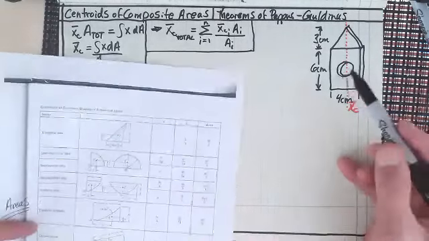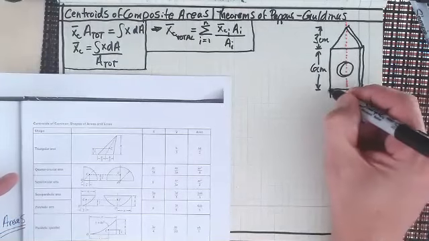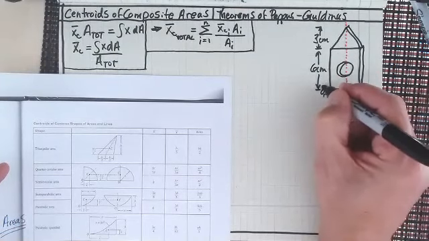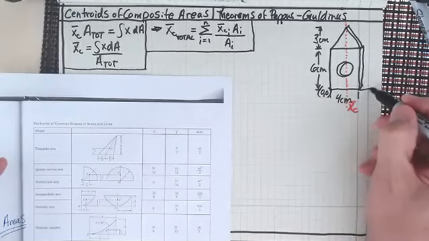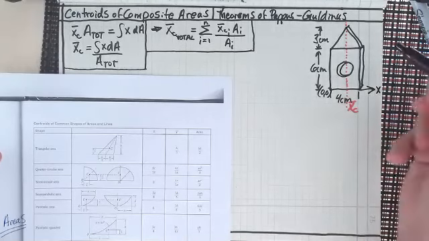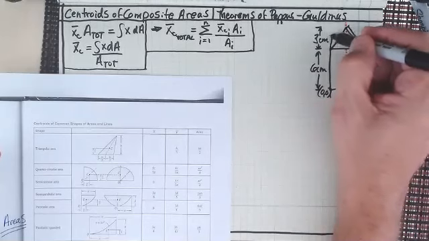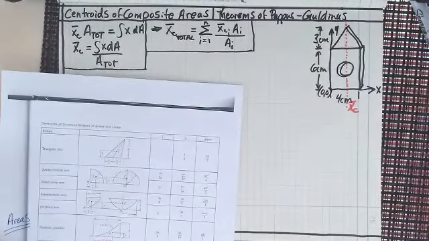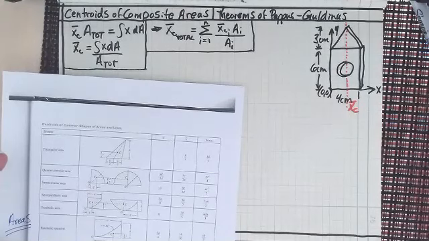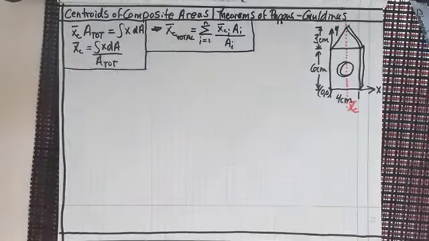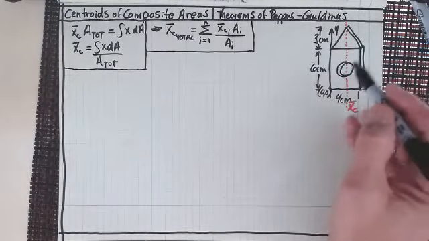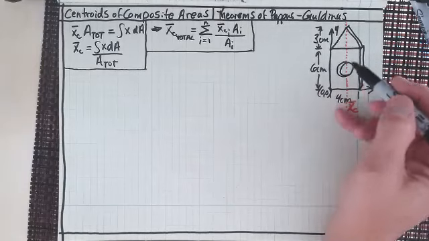Now, what I want to do is make this point right here 0, 0, right? So we're going to have an x-axis coming up here, and then our y-axis going up there, and we're going to find both the x and the y centroid relative to that Cartesian coordinate system that I have laid down on this cross-sectional area.